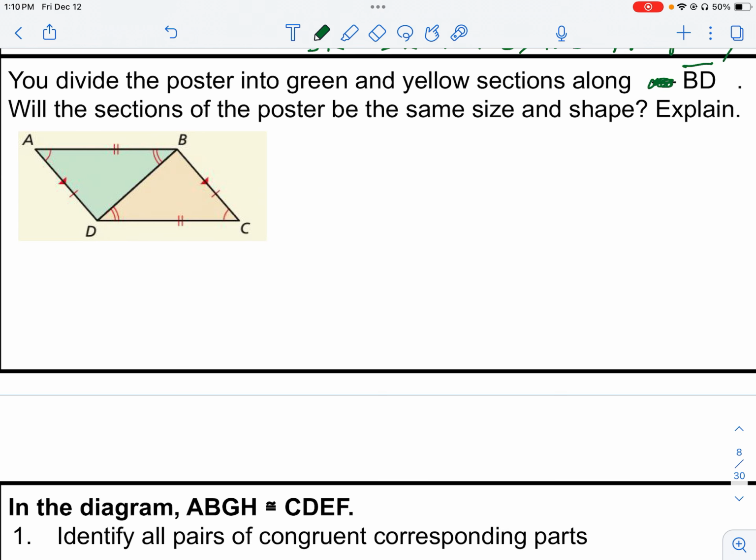So here in part 2, we're going to do green and yellow. So are the sections going to be the same size and shape? Well, we know AB is congruent to CD. AD is congruent to BC. That's given.